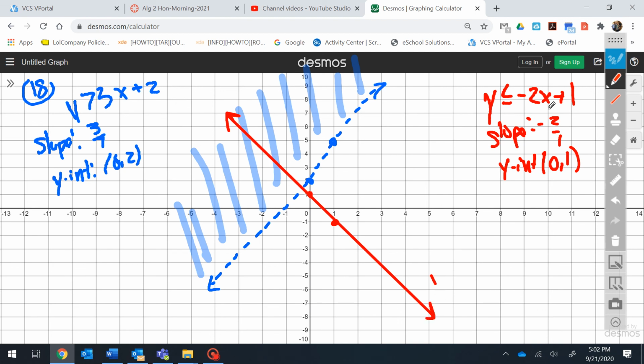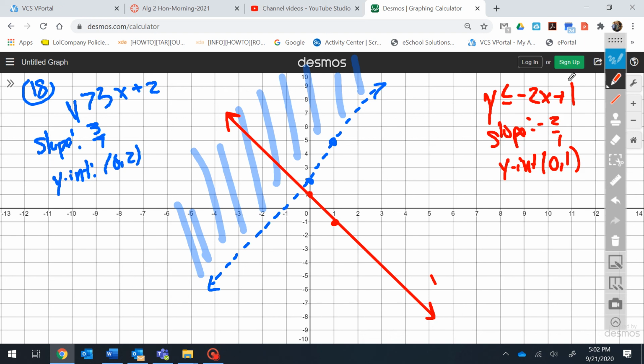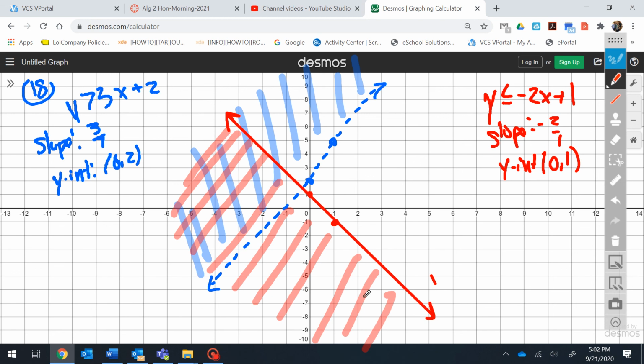And it is shaded below because it's a less than symbol. And we can see where the blue and the red overlap. That is our solution area right here. Splits it into 4 quadrants. This one over here is our solution area.